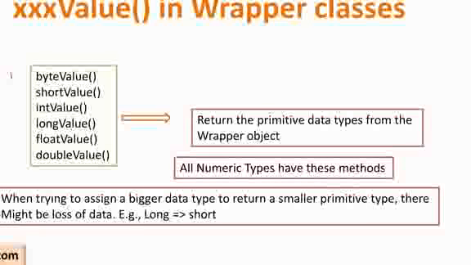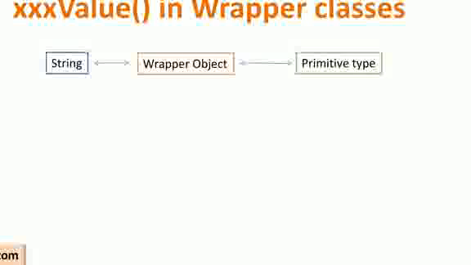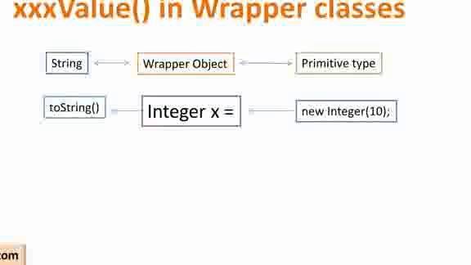Next, just take a look. I've told you this to give a summary of how the conversion can happen. I told you that the wrapper object can be used to convert from string to primitives.